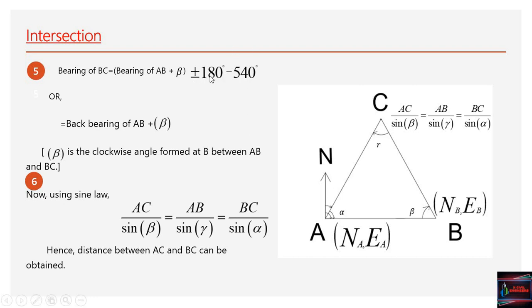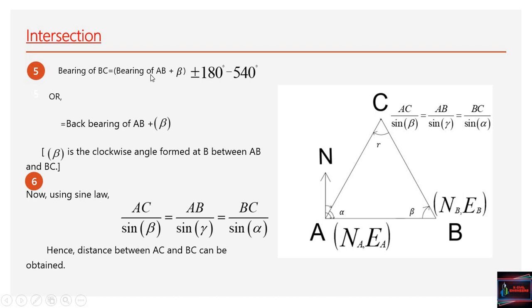And why plus or minus 180 degrees and minus 540 degrees? If the sum of bearing of AB and beta exceeds 180 degrees, then we have to subtract 180 degrees.